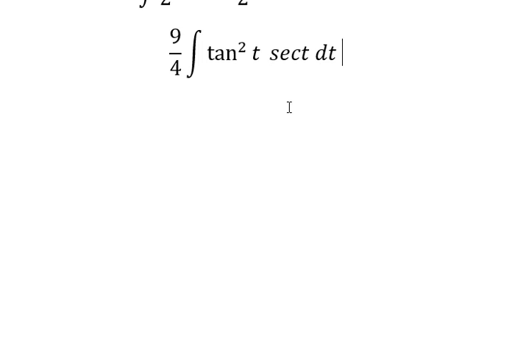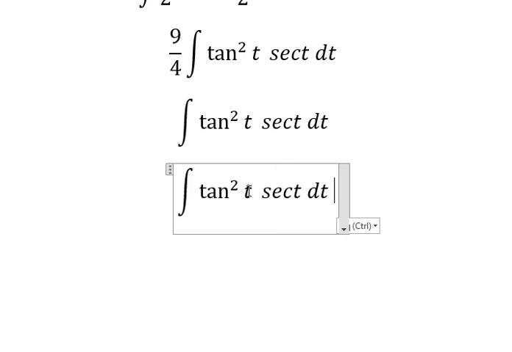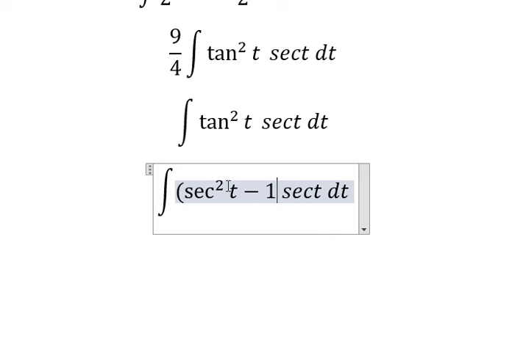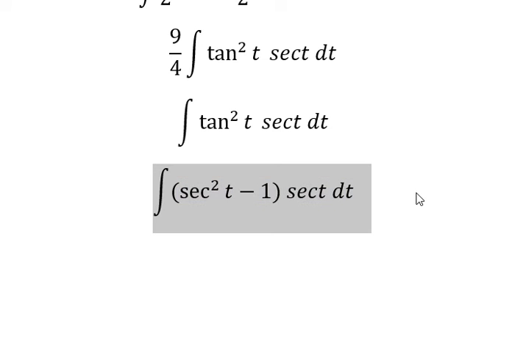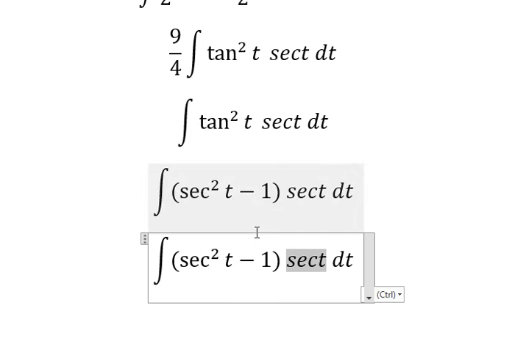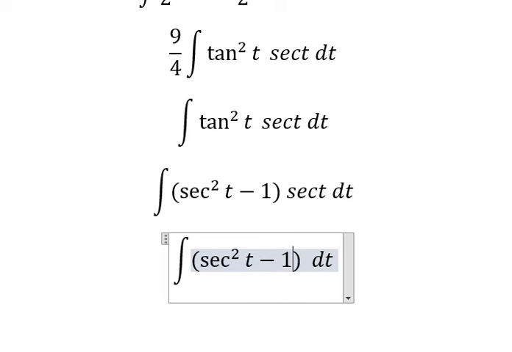Next, we need to concentrate on this one. About tan t square, we change secant of t square minus 1. So this one, we have secant of t multiplied by secant of t square and negative number 1.